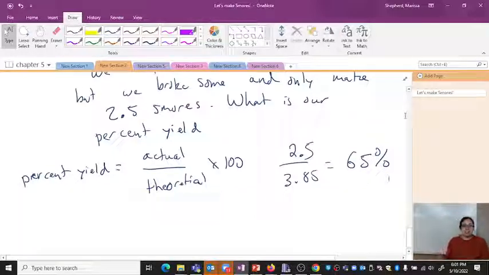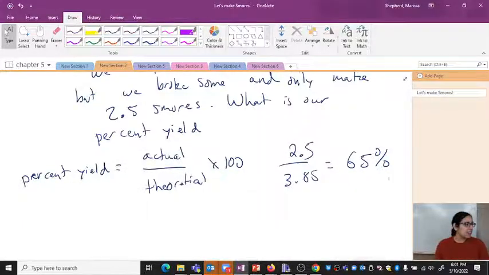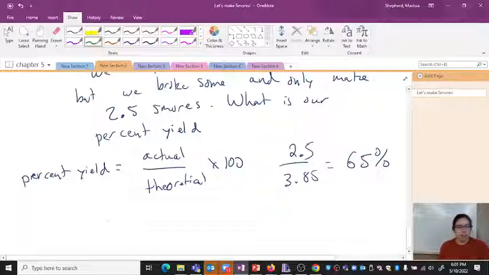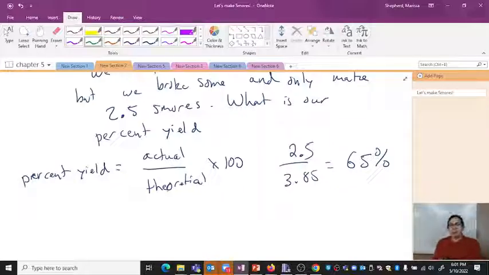Plus, with reactions, we say they go to completion, but there can be side products, gunky things, etc. And just as an FYI, for organic reactions, ideally, if you're doing grad school, you want them to be like 90% yield or so. That would be really good. But for inorganic reactions, anytime you're throwing metals at things, you might only get like a 50% yield. So it really depends on your field and your reaction.